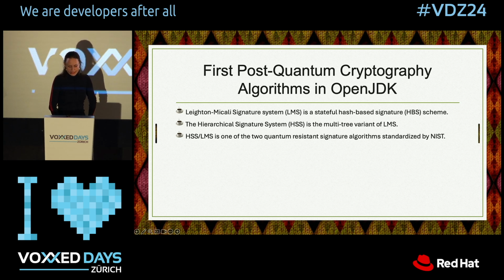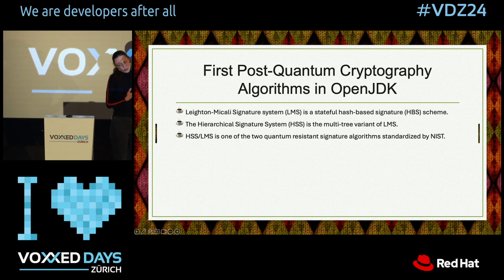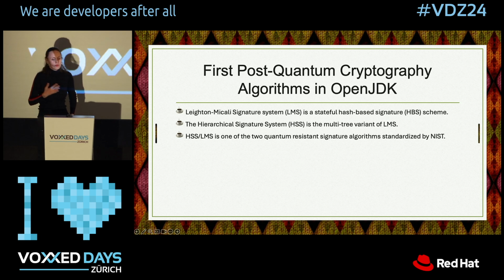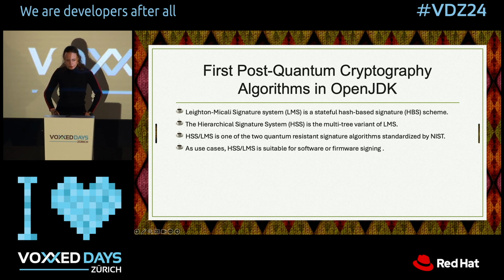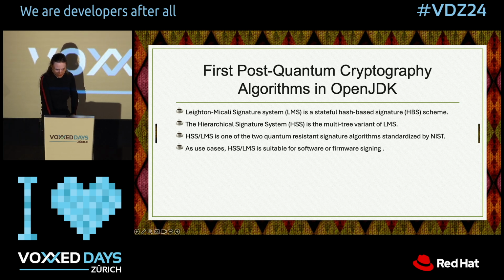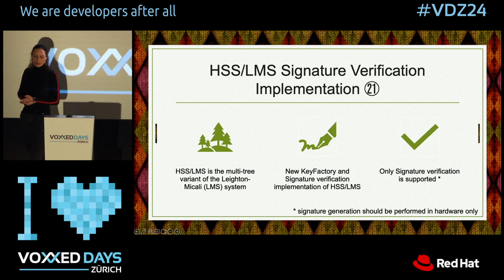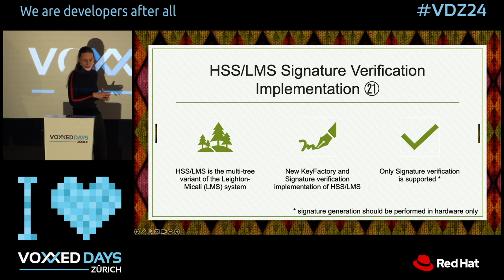Now, for use cases, this signature can be used for firmware signing because it's a kind of sign once in the factory, but very often elsewhere case. So, apart from this, HSS-LMS requires that the key and signature generation be performed in hardware, right?